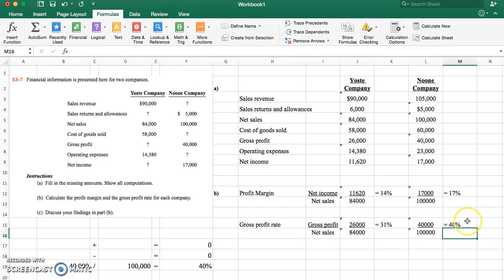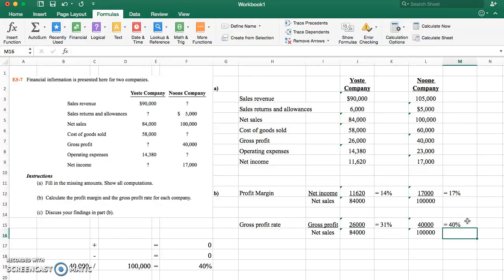And Noon Company is again doing slightly better, with only 60 cents of every sales dollar going to inventory cost, and 40 cents going to gross profit.